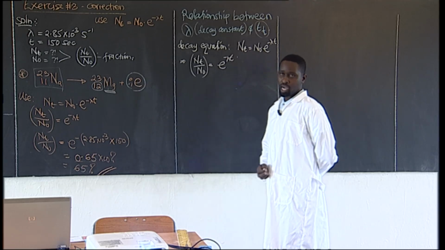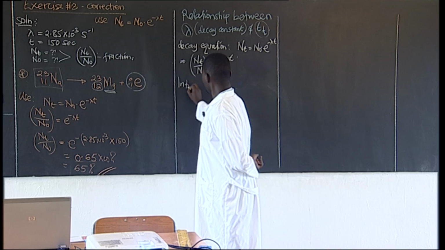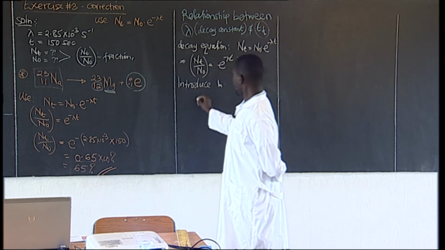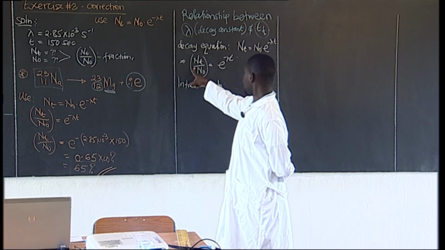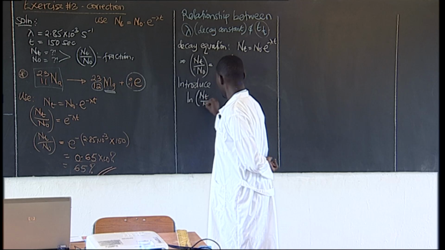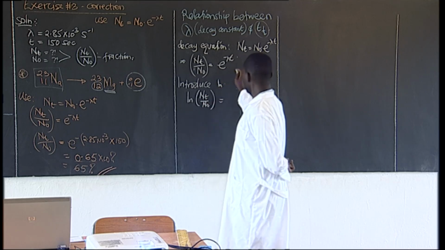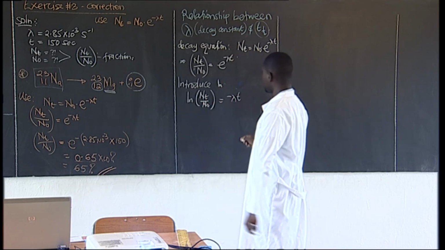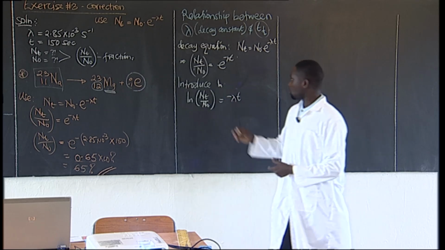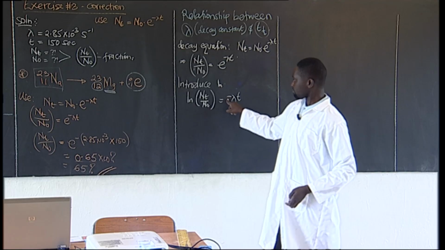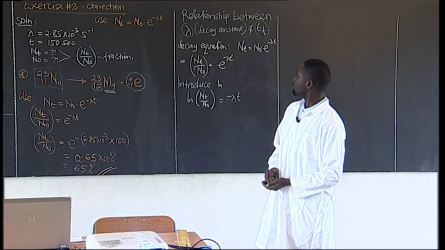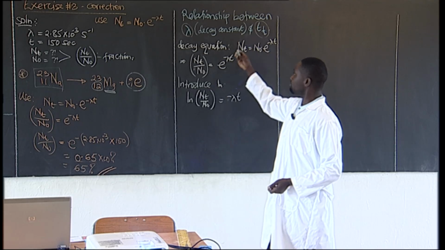Let's introduce back our ln. If we introduce the ln in our equation, you'll have ln Nt over N naught equals negative lambda t. By applying the ln, the exponent will go. Then this comes over here. Can we quickly bring in the half-life?